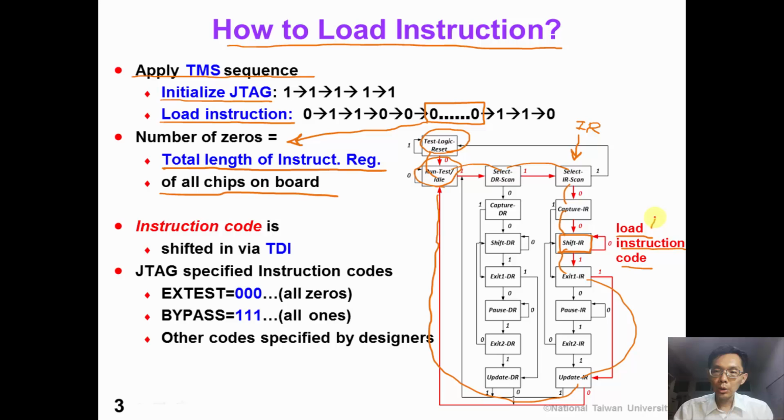The instruction code can be loaded via the TDI input pin. In the JTAG standard, it is specified that the external test instruction code must be all zeros, and the bypass instruction code must be all ones. The other instruction codes can be specified by the designers.